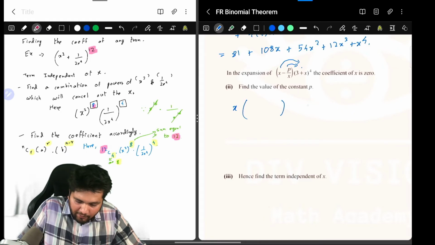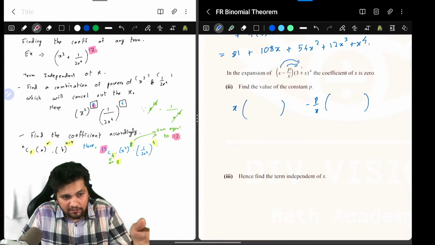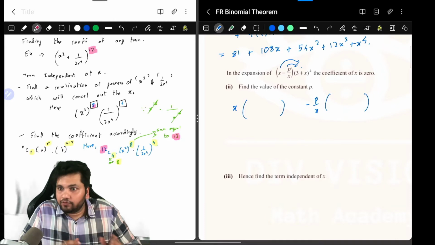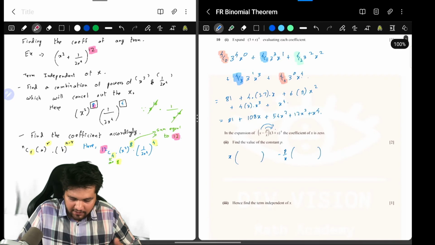And then minus p by x into something which will have x or something else? So we have to multiply x and minus p by x by two different values or the same value? Different values, no? Because see here, we are not going to expand this. Acha, we already expanded it.